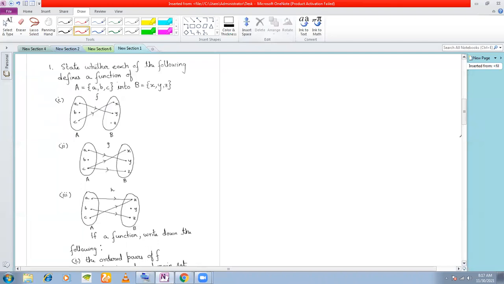This is not a function, because see, A has been mapped to the element Y, right? C has been mapped to an element X, right? But B has no image, right?